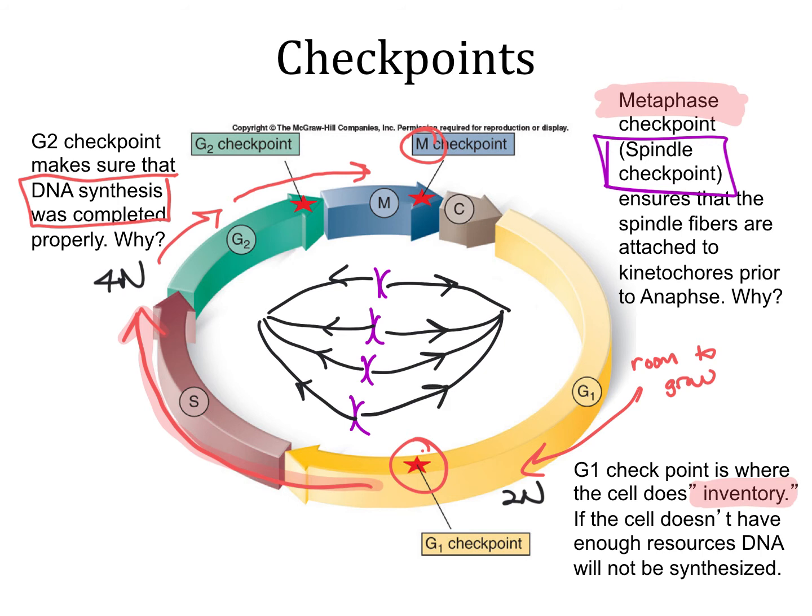Okay, so what happens then if we miss a chromosome? Let's pretend this one didn't get hooked up correctly. When you go to separate these, this cell is going to be missing this chromatid, right? So this cell is going to be -1.